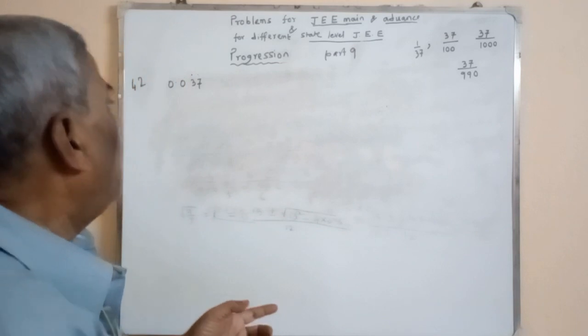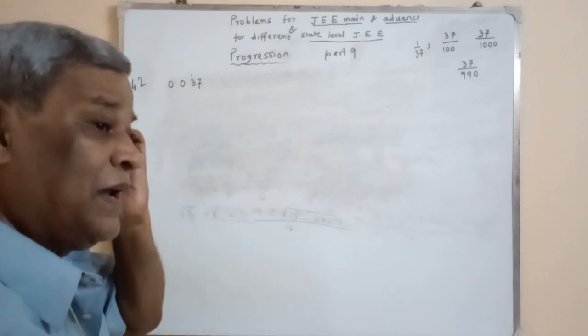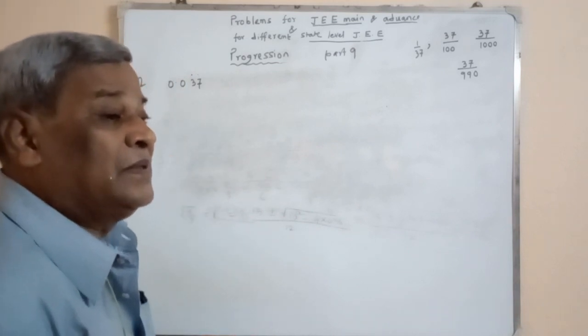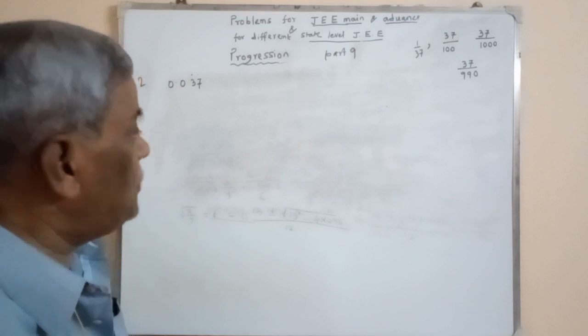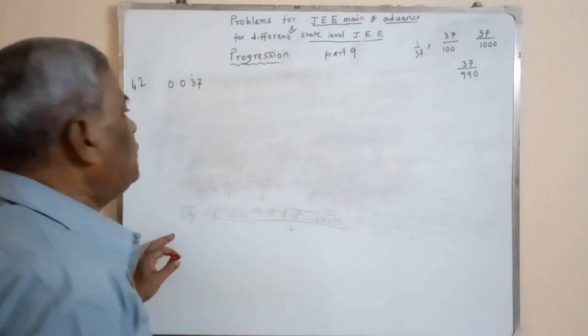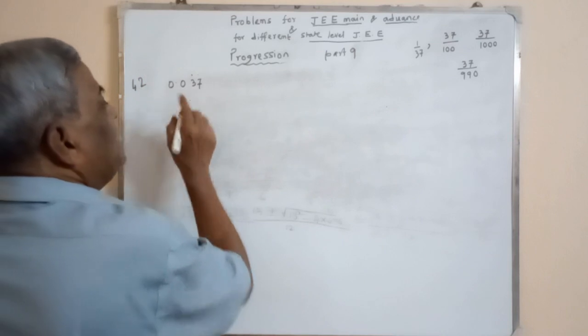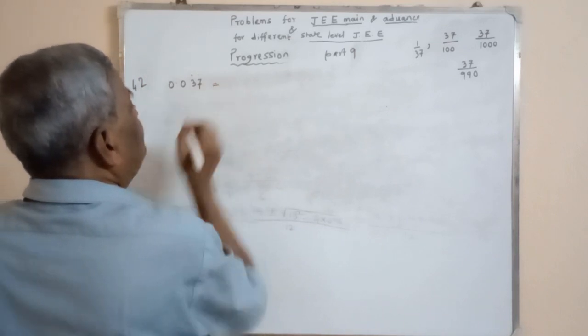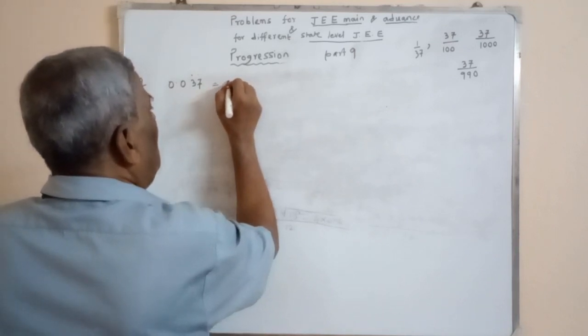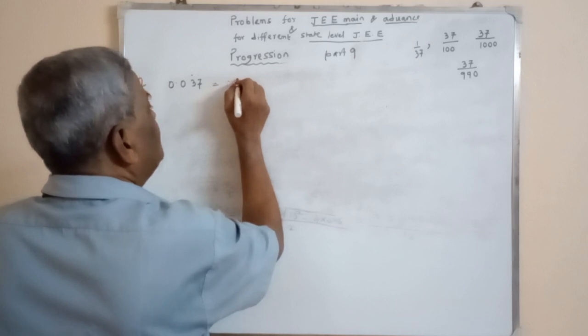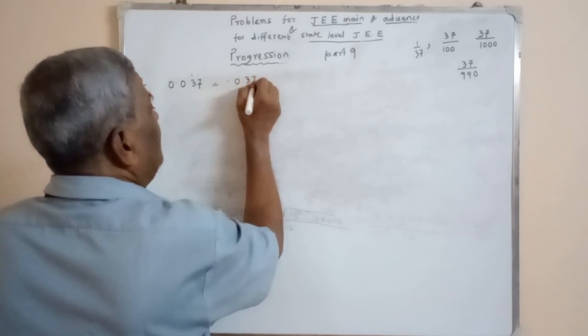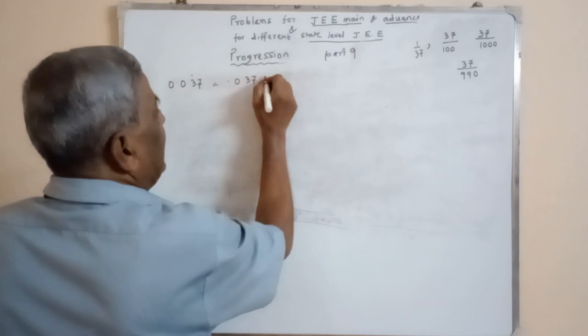There is a definite law how to obtain the value of that, but with the help of an infinite GP series, I try to calculate it. Actually, this is equal to 0.037, and 37 is recurring.